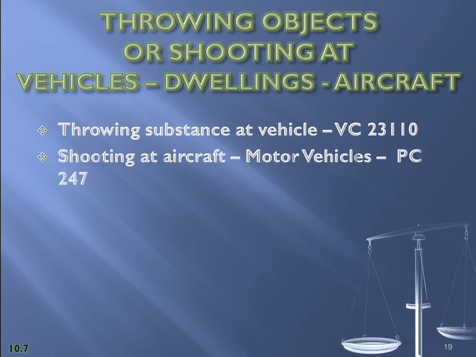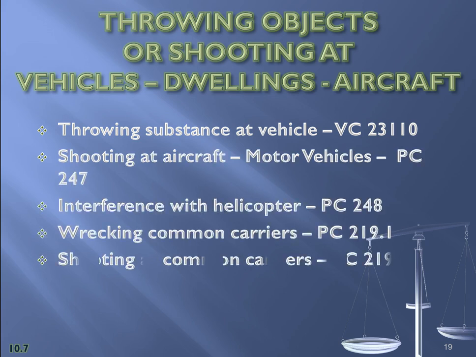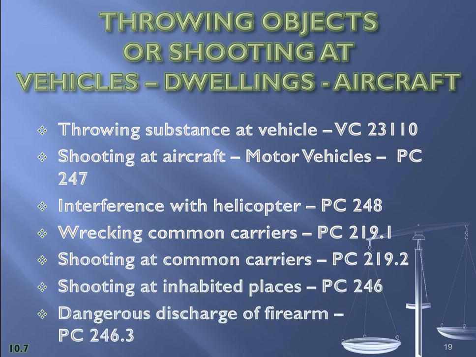And in your textbook also, there's a lot of other assault sections that they list here: throwing substances at vehicles like rocks or things like that, shooting at aircraft, shooting into inhabited dwellings, discharging a firearm in a dangerous manner, willfully discharging a firearm in a grossly negligent manner that could result in injury or death to a person is a felony.